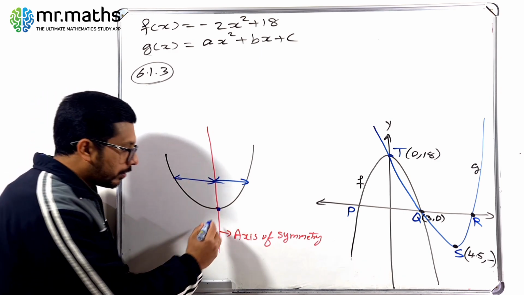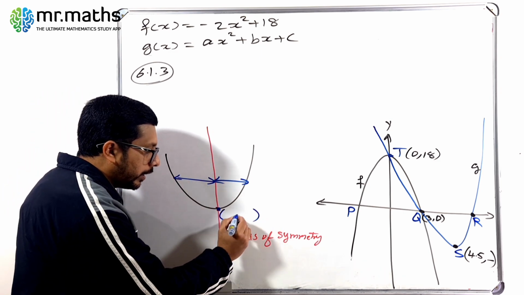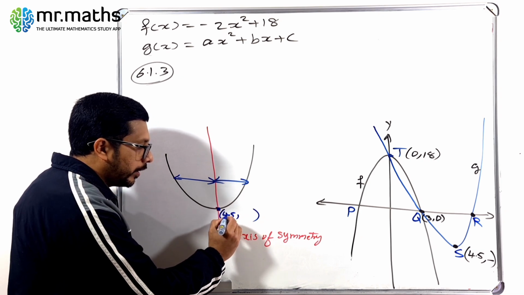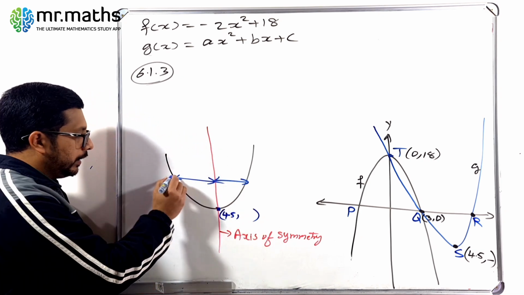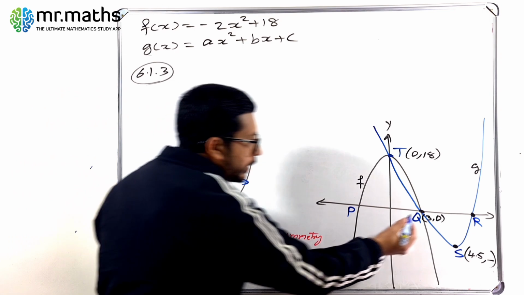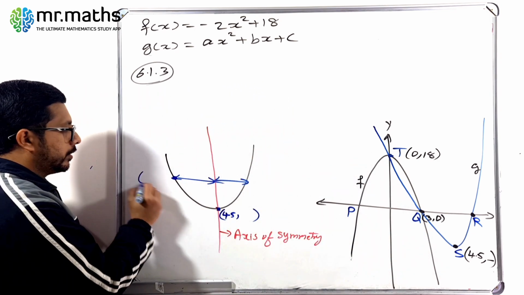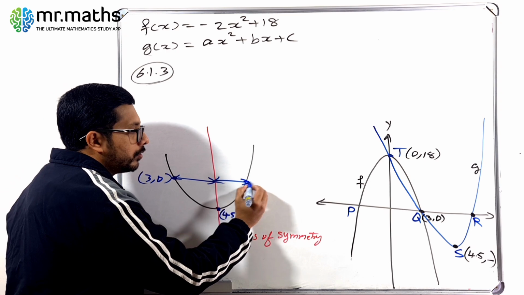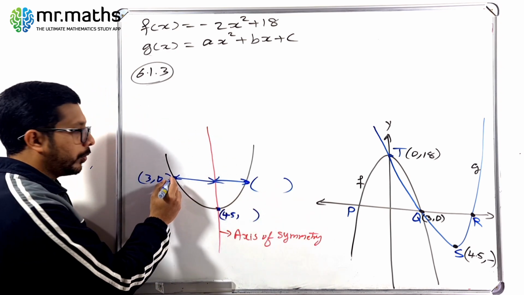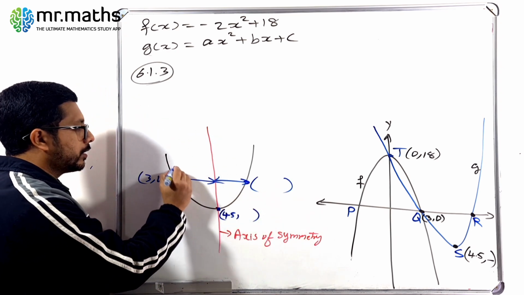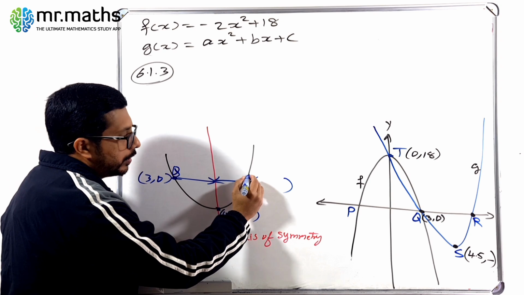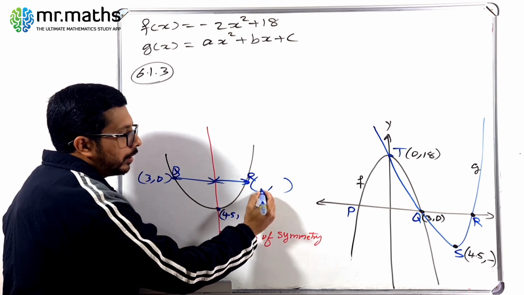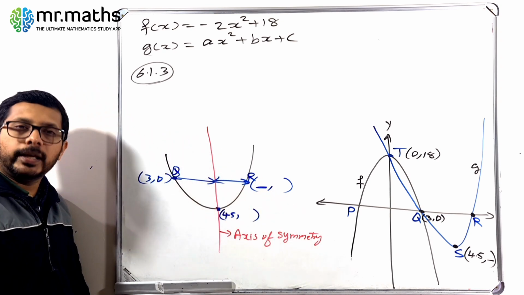So in our question, it is given that the x value is 4.5, and at this point it is 3 comma 0, this is our point Q. This is the point Q, and this is the point R. Here you have to find the x value.